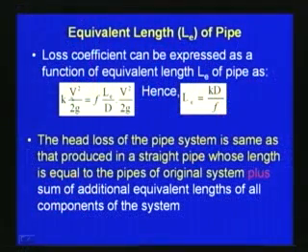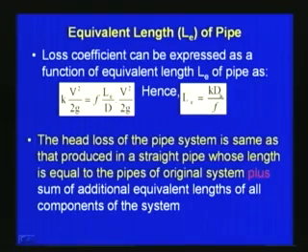To get that equivalent length, we equate the minor loss K into V square by 2g to f into LE by D into V square by 2g, which is the Darcy-Weisbach equation, f L V square by 2gD. So LE is the equivalent length corresponding to the minor loss coefficient. Finally, we get the equivalent length as LE equals K into D by f, where K is the loss coefficient, D is the diameter of the pipe, and f is the friction factor.